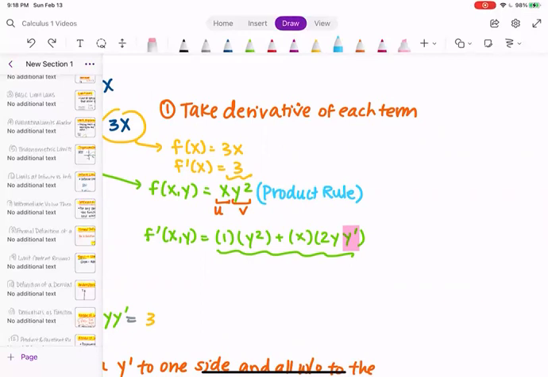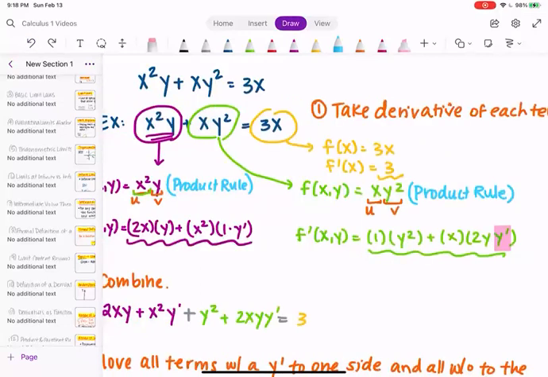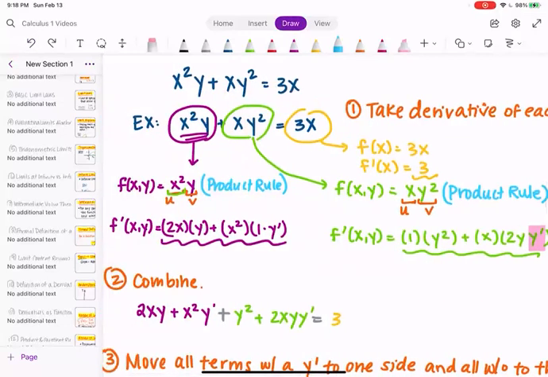Because remember, y squared is just a variable, just like an x would be. So y squared becomes 2y, but we took a derivative of the y, so we have to attach that y prime.